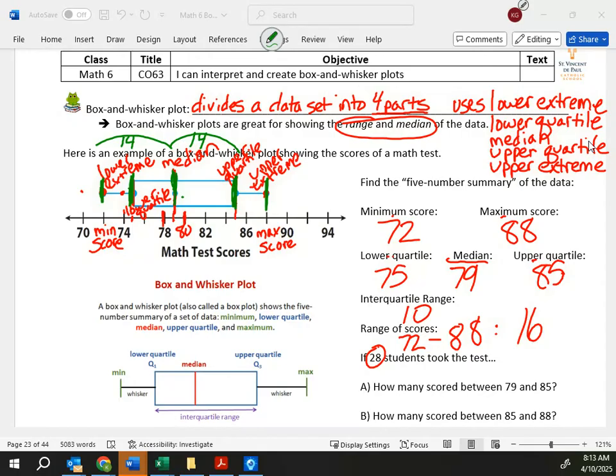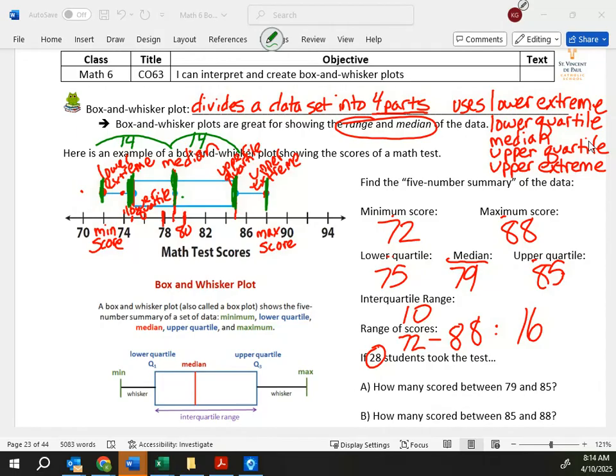Now can we figure out how many scores are in each of those 4 parts? Lila? So if we have 14 for that lower half, that lower quartile is the halfway point of that lower half.